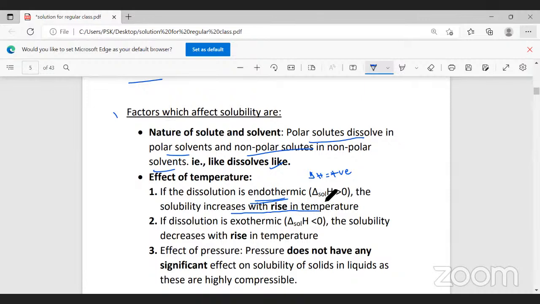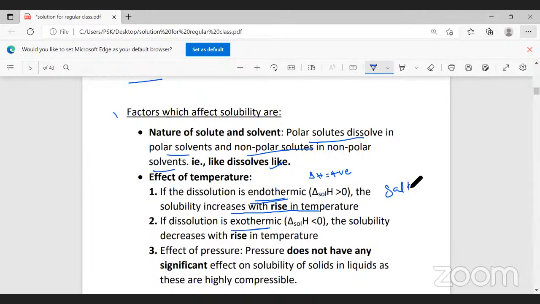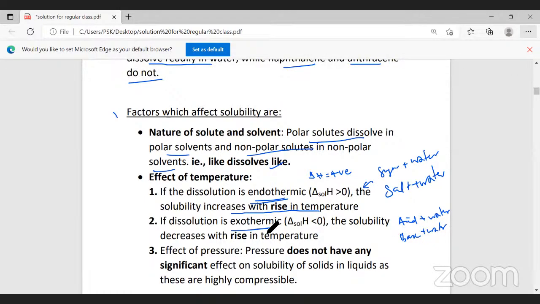For example, salt or sugar in water will absorb energy during the dissolution process. So when you heat, the dissolution process will increase. That is what it means. But if the dissolution is exothermic, like an acid in water or a base in water, delta H is negative and it gives out energy.